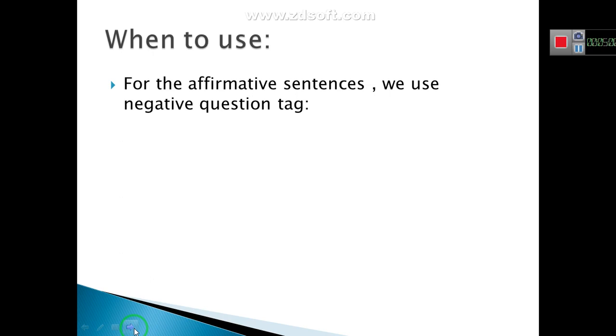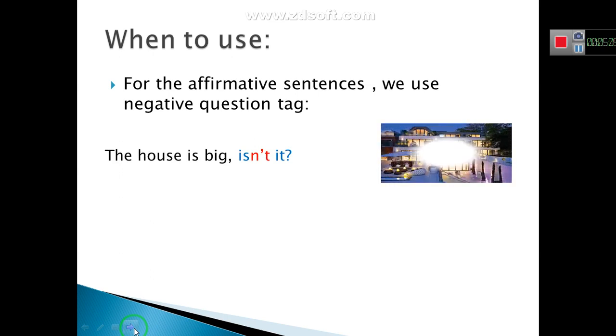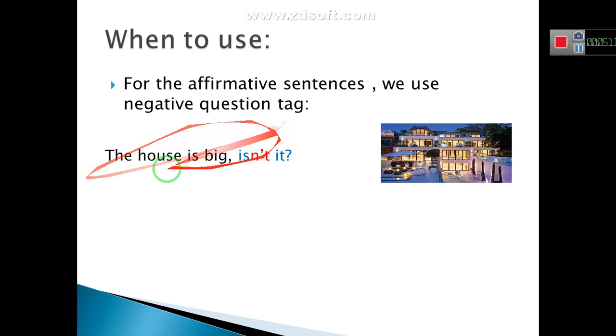For example, look at this sentence. The house is big. Positive or negative? Ali, answer. Positive. Isn't it? I have to change it to negative. For the question tag, I have to use negative because the sentence is positive.